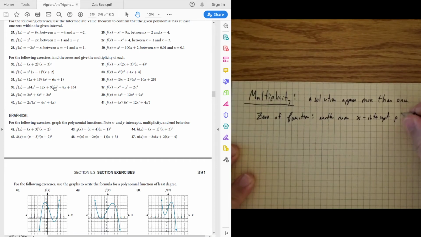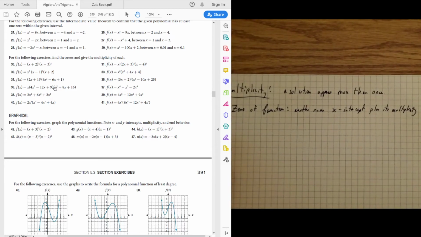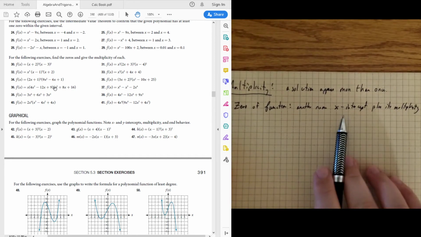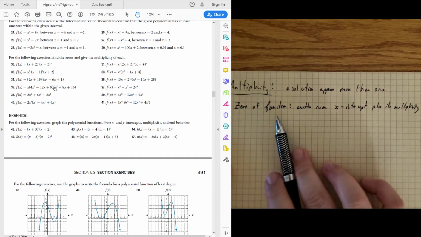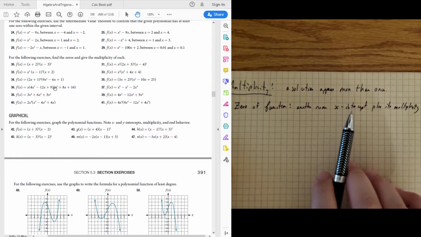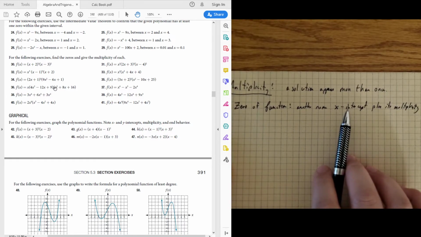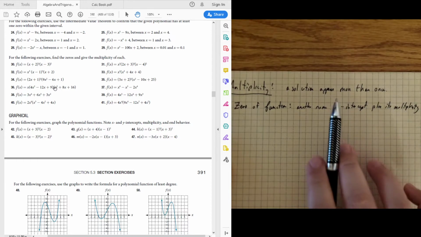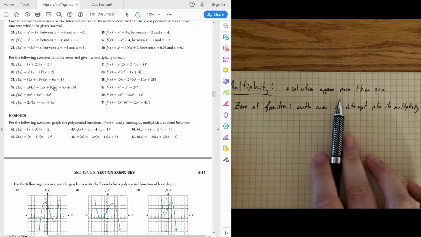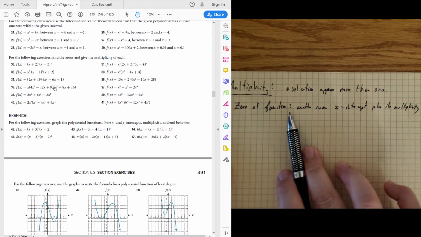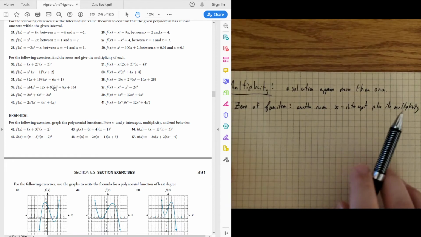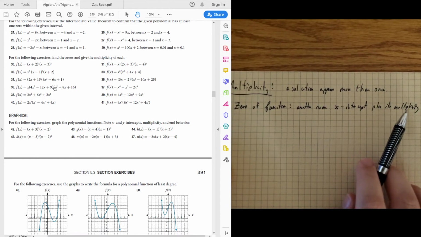But it also includes its multiplicity. So a zero of a function is the x-intercept. If it's an x-intercept, it's also a zero. However, x-intercepts are not enough because sometimes you have something called multiplicity, meaning a solution that appears more than once. So a zero of a function will tell you not just that it's an x-intercept, but how many times it's a solution. And it's actually pretty easy to do.